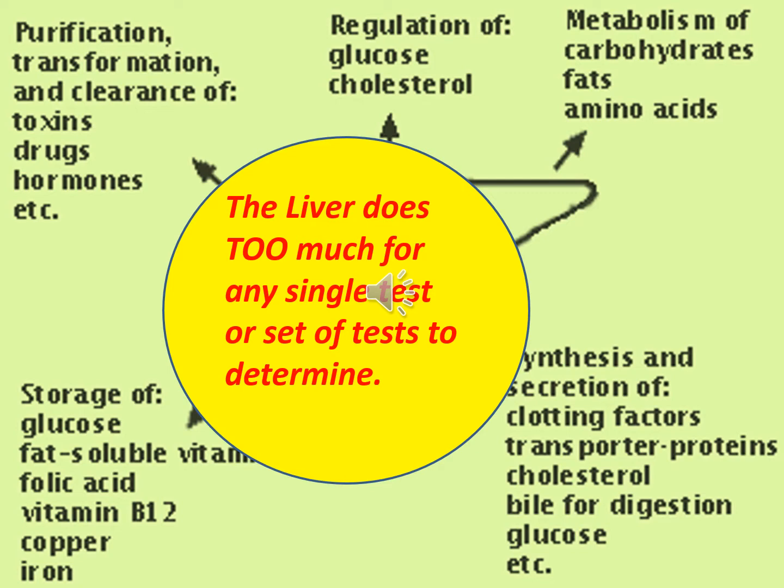In addition, the liver synthesizes and secretes clotting factors, transporter proteins, cholesterol, bile for digestion, glucose, etc. So, the liver does too much for any single test or set of tests to determine.